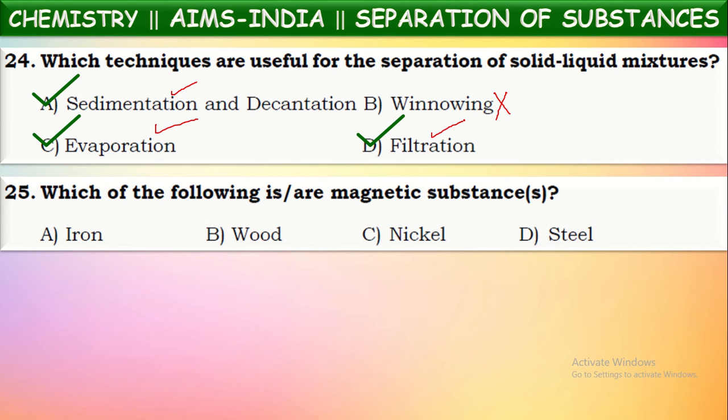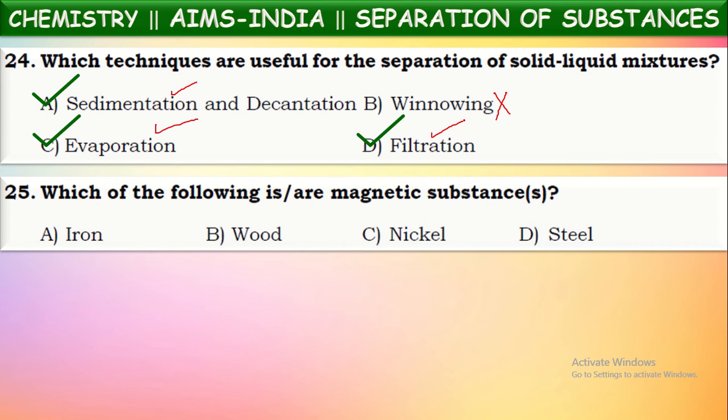Next, which of the following are magnetic substances? Say the substances which will be attracted by the magnet are called magnetic material. Iron, nickel, steel, chromium, these all will come under magnetic material because they will be attracted towards the magnets. Whereas wood won't be attracted by the magnet, so it is called non-magnetic material.